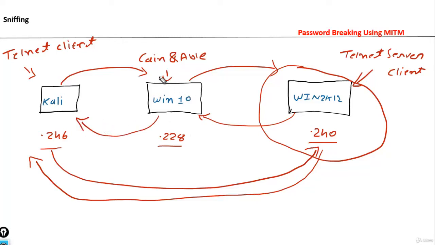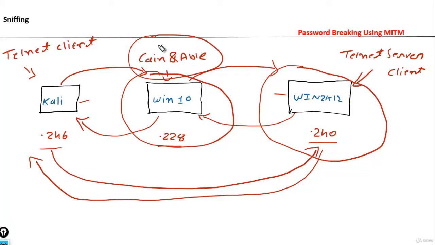So this machine will work as the man in the middle, and it gathers information of Kali Linux and Win2K12. In this video I will show you how you can gather password information using Cain and Abel software.